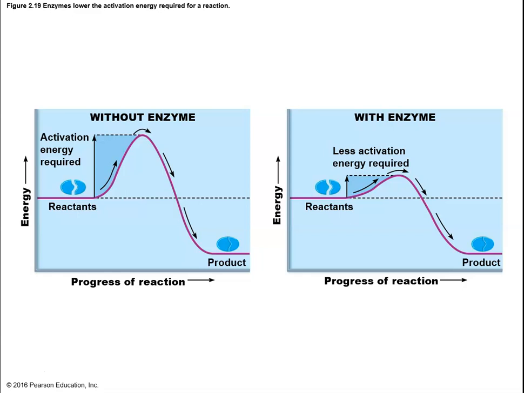So with enzymes, in your mouth, for example, back to that delicious bread item you're eating at your favorite restaurant, you can chew a mouthful of bread, and in a matter of seconds, the enzymes in saliva have digested most of that carbohydrate to the point where you feel like you started with a full mouth of bread, and now there's not much left. So that bread was almost completely digested in a matter of seconds in the mouth with enzymes. Without enzymes, you perhaps could still get to that end product outcome, but it would take a lot longer.